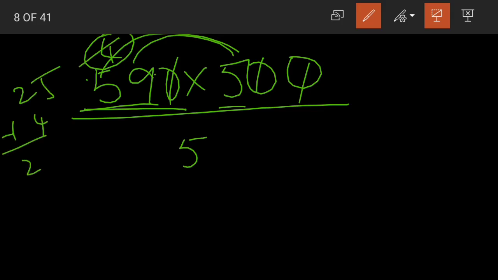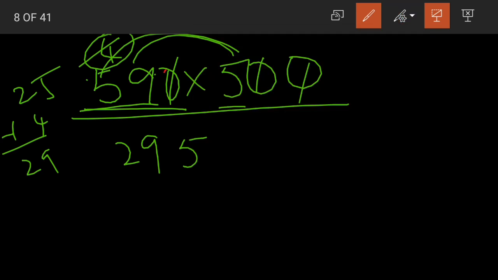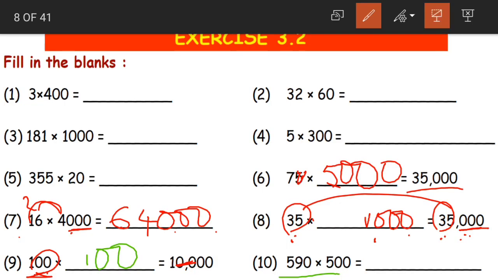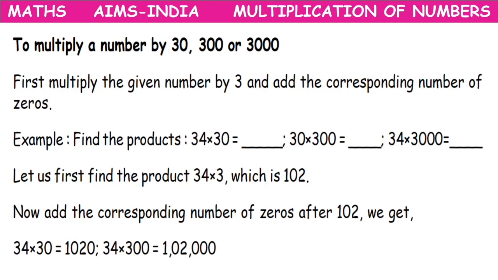Plus 4 becomes 29. So 295. Now count the number of zeros. 1, 2 and 3. There are 3 zeros here, so even in the product place 3 zeros. Okay. 2,95,000 becomes our answer. Yes, children, I hope this was clear.